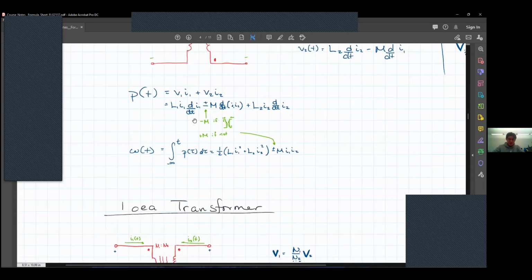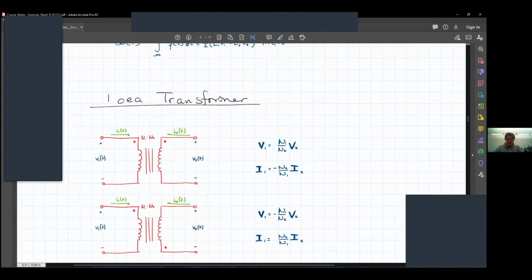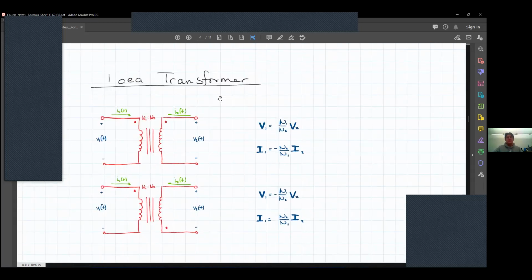So now let's talk about transformers. Transformers are inductors with different rates of coupling, and by that, I mean different coils wrapped around the same rod, same magnetic core. So suppose we have a voltage on the input side. Let's call V1 our input side for these.